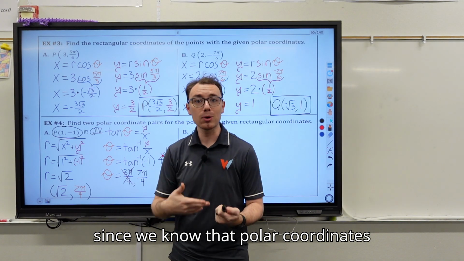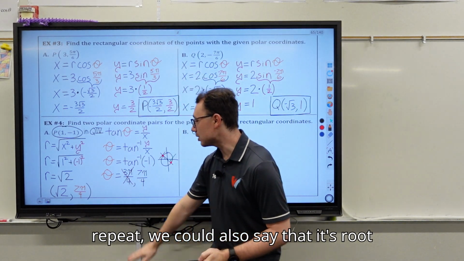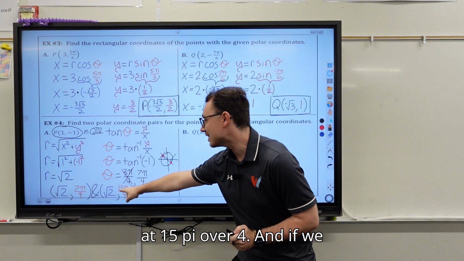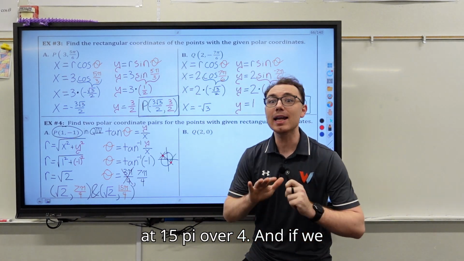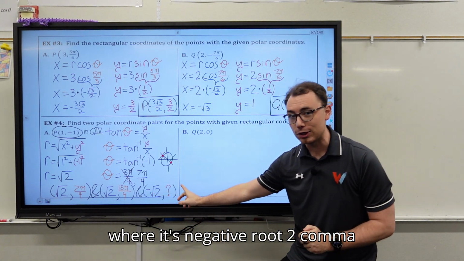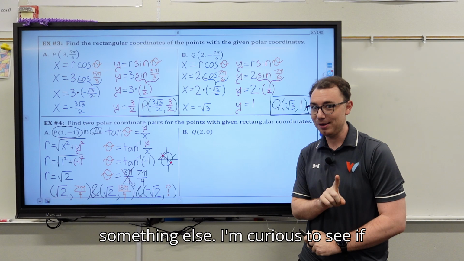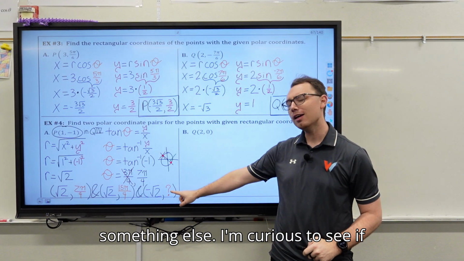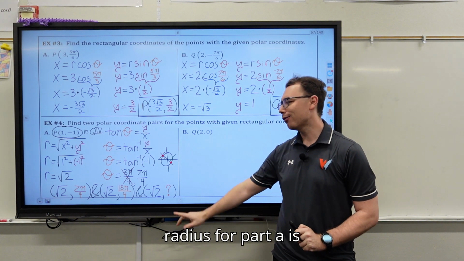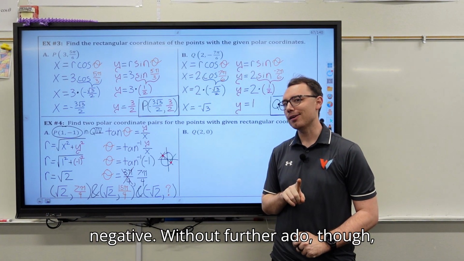And since we know that polar coordinates repeat, we could also say that it's √2 a full 2π around at 15π/4. And if we even wanted to, we can write a third one where it's -√2, something else. I'm curious to see if you guys can find the theta when our radius for part A is negative.